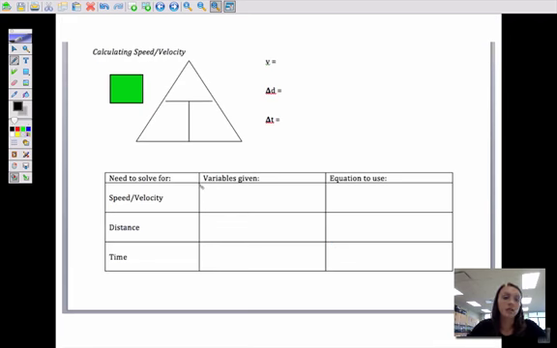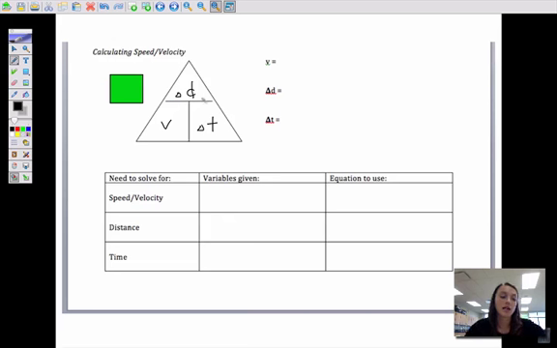Calculating speed and velocity is really important, and to help us, one tool we're going to use is called a formula triangle. And our speed-velocity formula triangle should look like this. V is going to go in the bottom left, little triangle D is going to go in the top, and then little triangle T is going to go in the bottom right. This little triangle is called delta, and it's a Greek letter, and it means change.